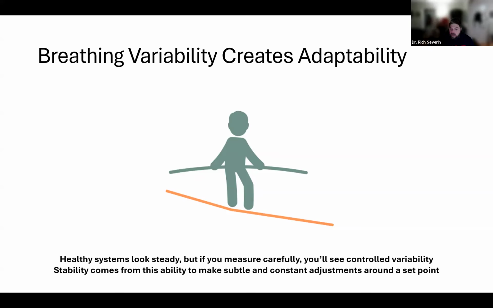So again, healthy is controlled variability, micro adjustments. A rigid breathing pattern falls because it's too brittle. It's not adaptable. Chaotic is not what we want. We don't want huge swings, but we want a little bit of variability that reflects our system working.